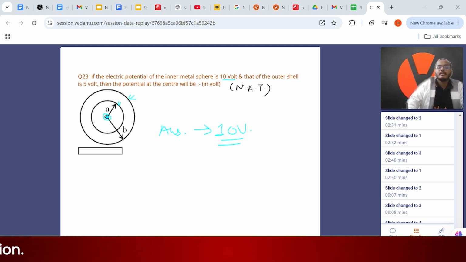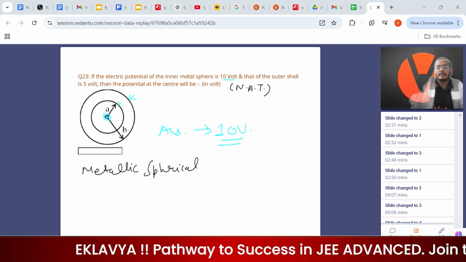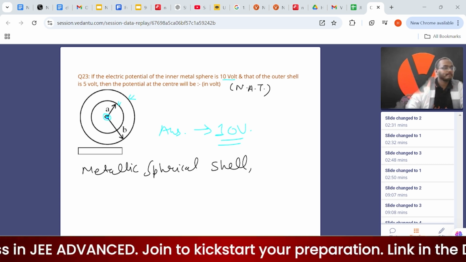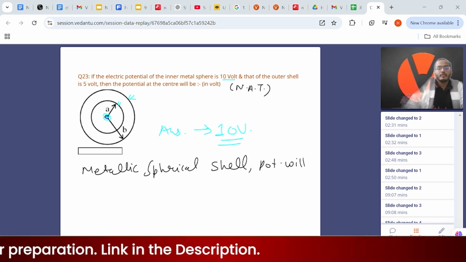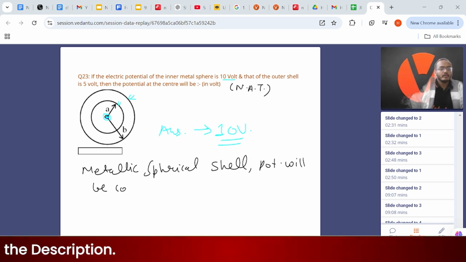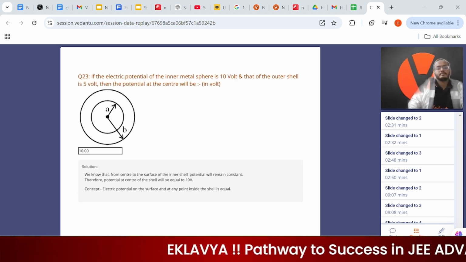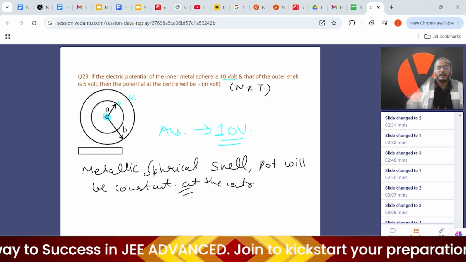Remember this concept: for a metallic spherical shell, the potential will be constant at the center.